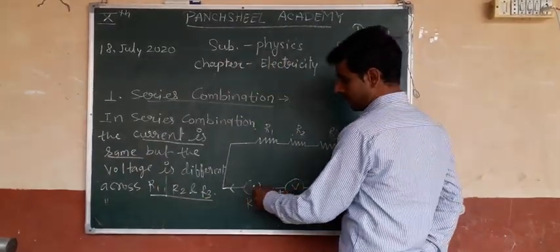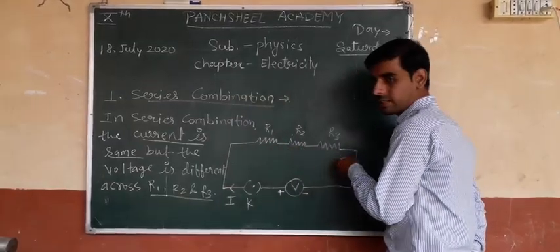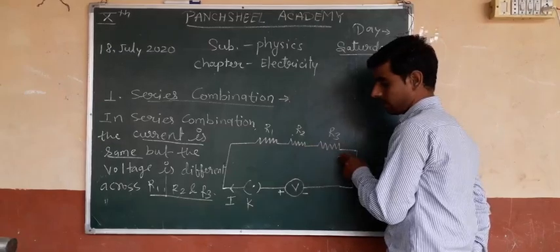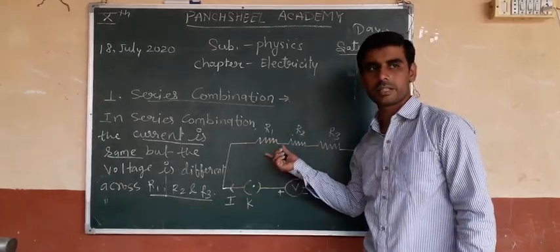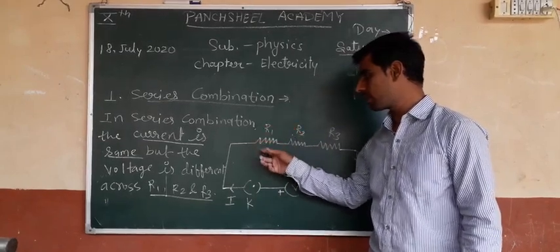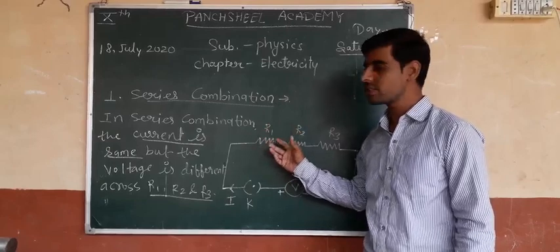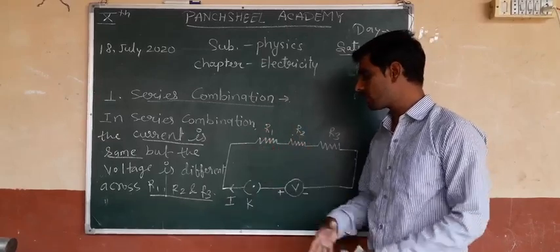Suppose I is the current flowing in all these three resistances R1, R2, and R3. Why is the current the same? Because all three resistances are connected in series. And why is the voltage different?